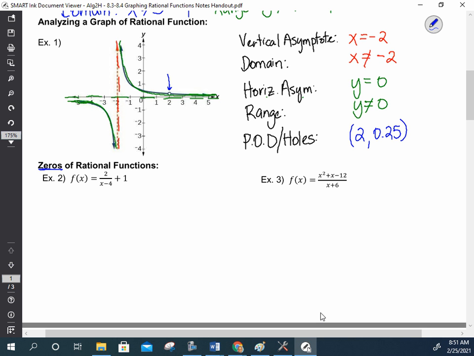Take f of x. 0 means that f of x has to equal 0. So 0 equals 2 over x minus 4 plus 1. The easiest thing we could do is subtract 1 on both sides. So negative 1 equals 2 over x minus 4.